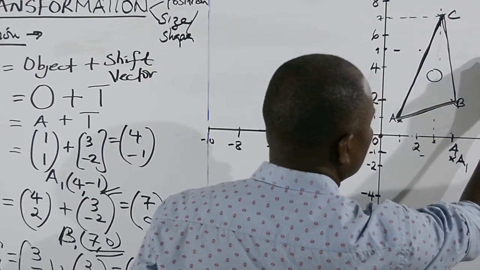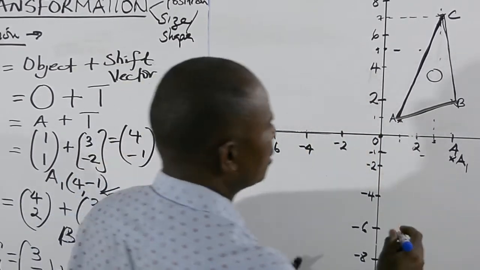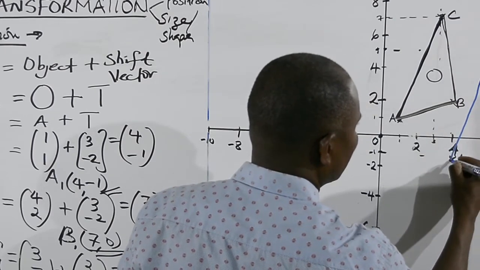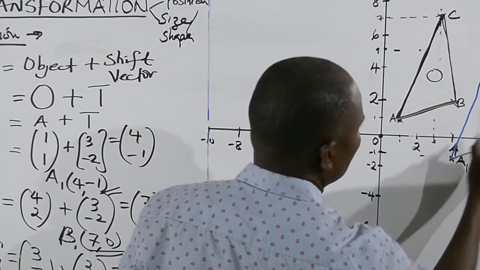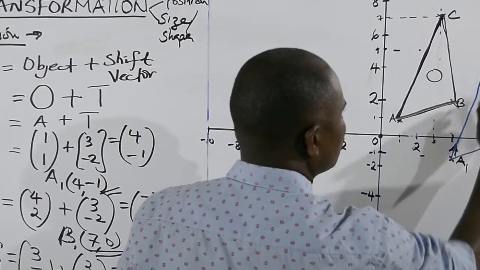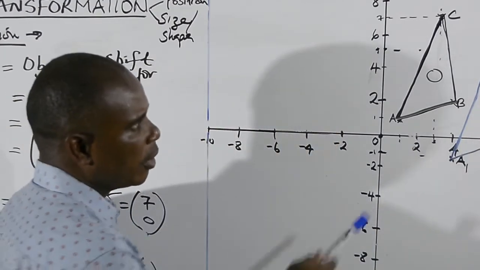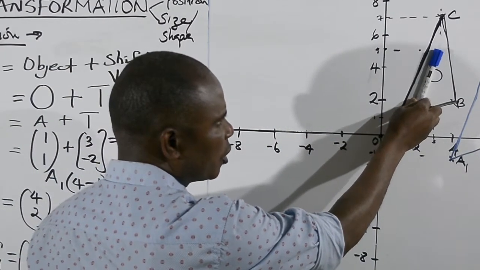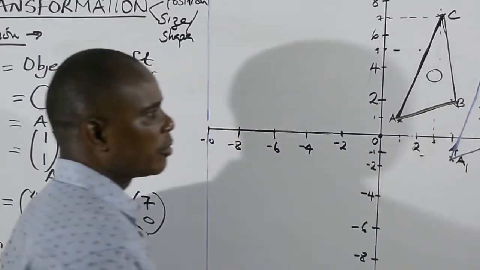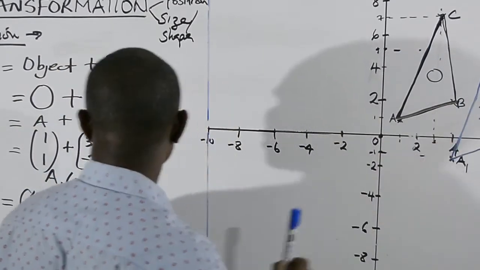Let me use another ink so we differentiate between the object and the image. The blue pen will show you the image. So the image triangle is that. This triangle has been shifted from this position to there because of this vector.